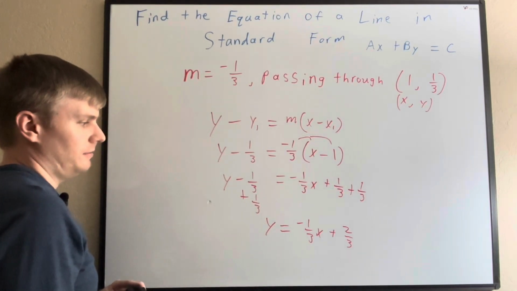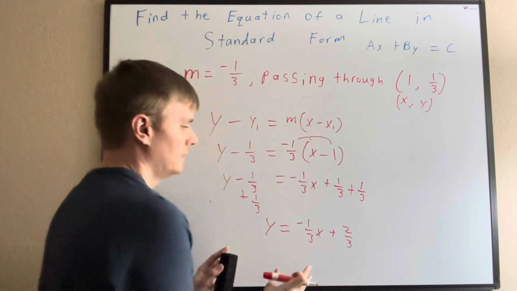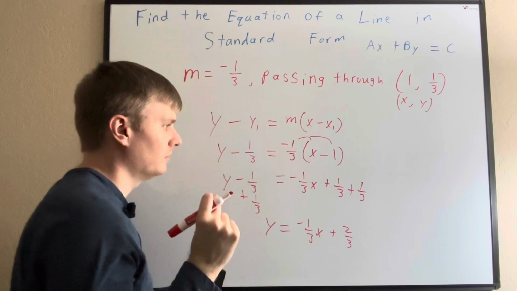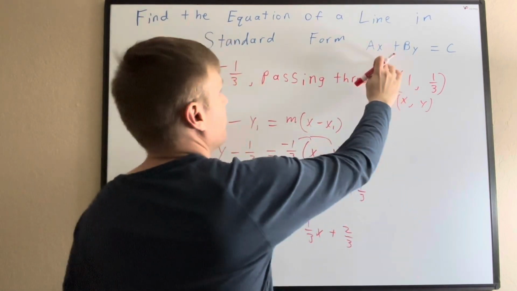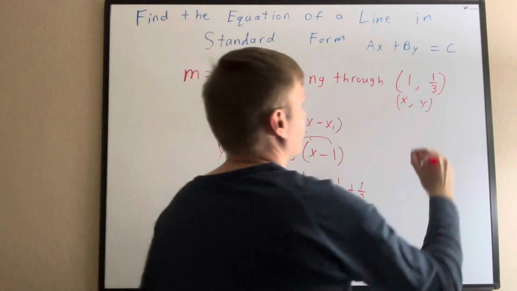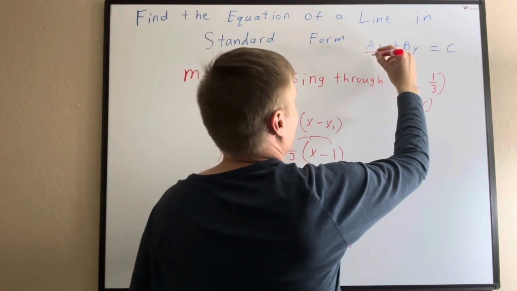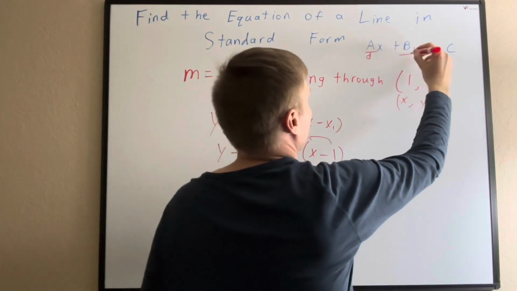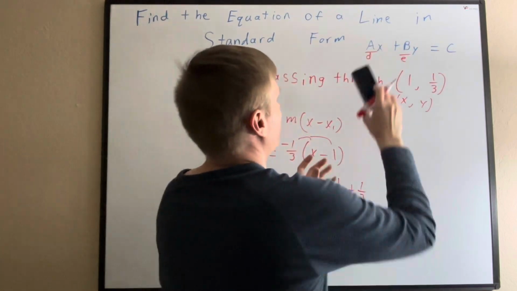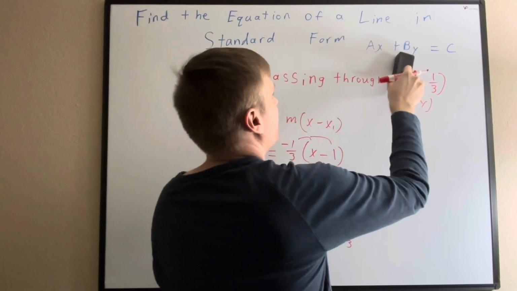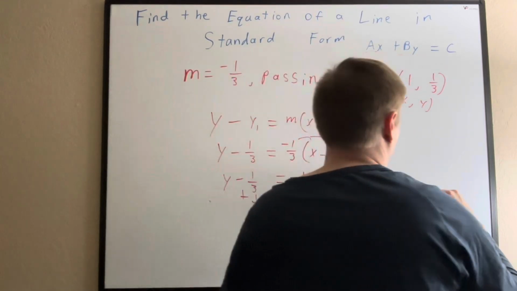Now, the thing to do once you have your slope-intercept form is to remember the rule about standard form. Notice in standard form, it's ax plus by equals c. There's no a over d and b over e. No fractions in standard form.